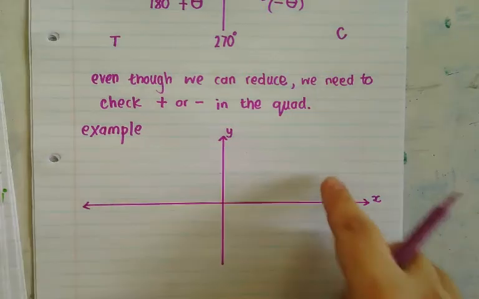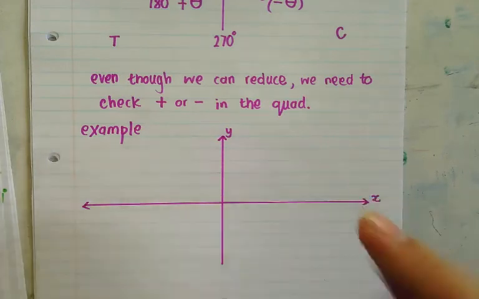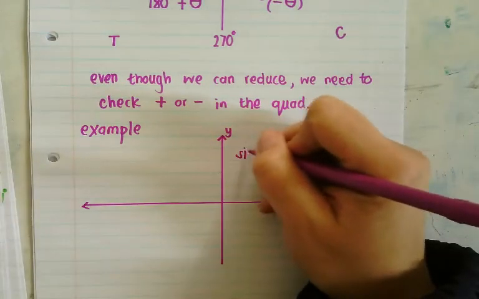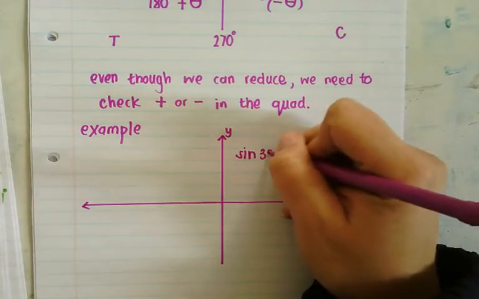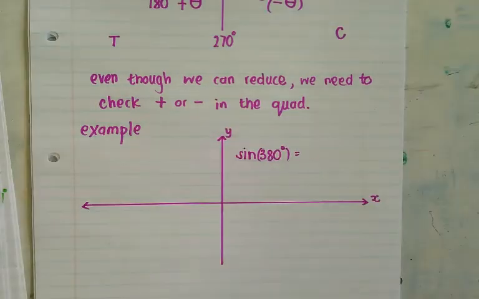Quadrant 1. 360 plus 20 makes 380, right? So for now, I'm going to write it as sine 380 degrees. Now I know that it is in quadrant 1. So is sine positive or negative? It has to be positive. Okay? Now I don't want to deal with sine 380. I want to deal with an acute angle, the smaller angles.